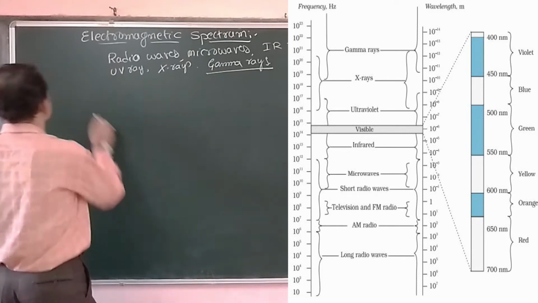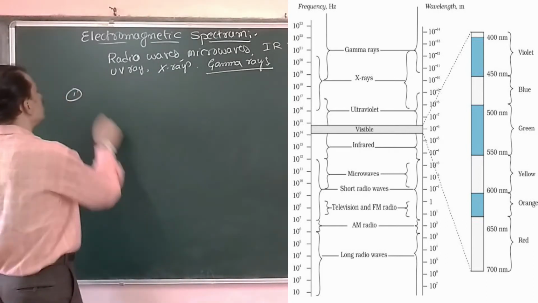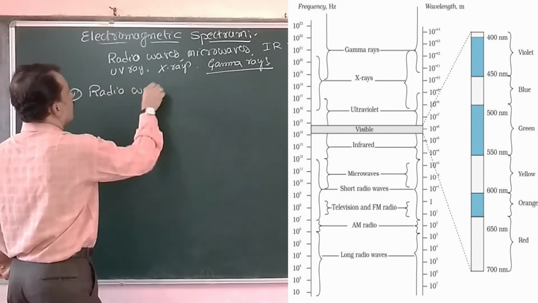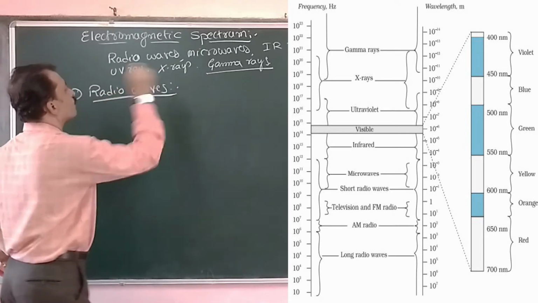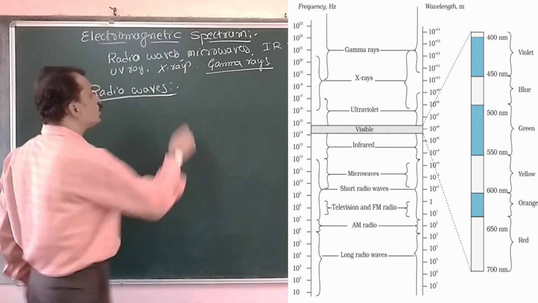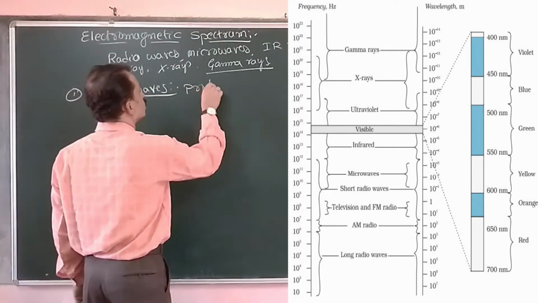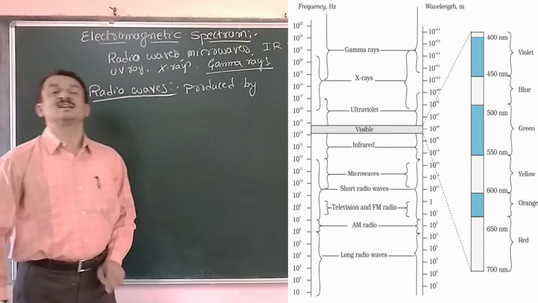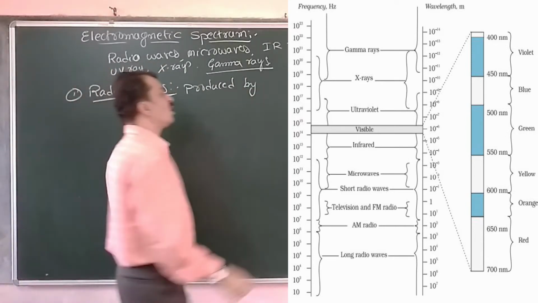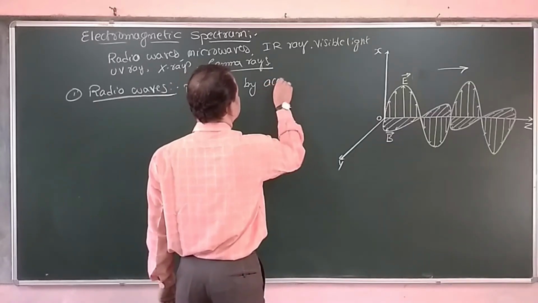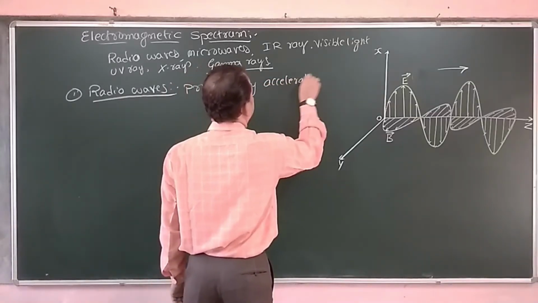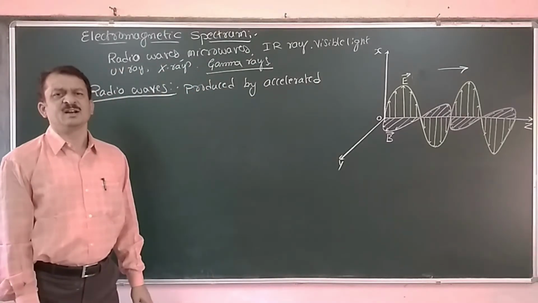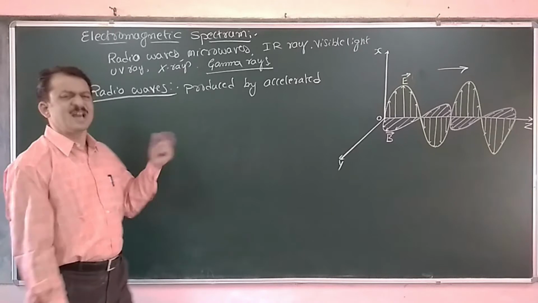Now let me take the first one, radio wave. These waves are produced by an accelerated charged particle, oscillating or accelerated, in a conductor or a wire.